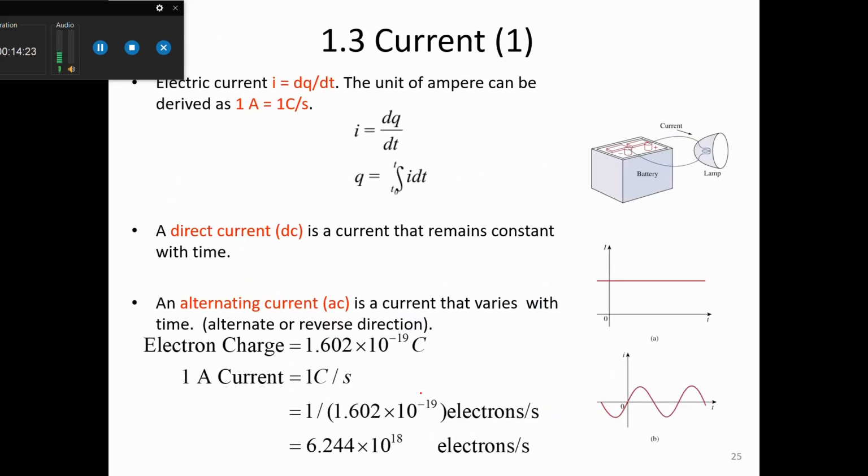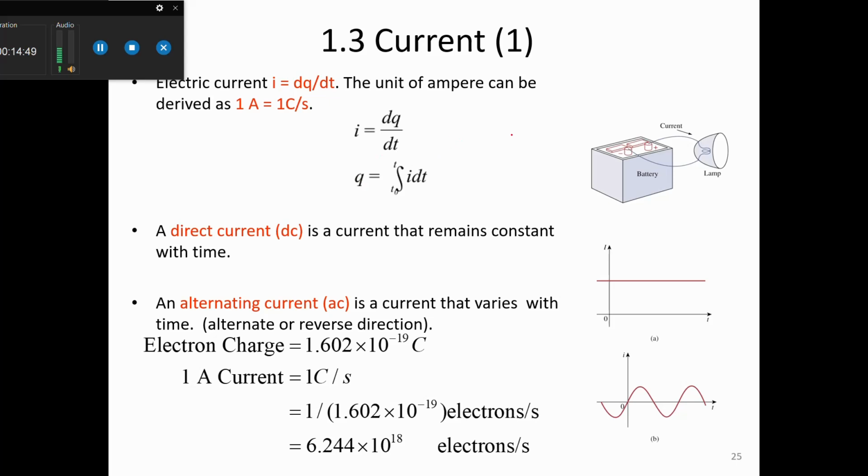So if you want to quantify electric current, this is basically dq by dt, and the unit is amperes, where 1 ampere is 1 coulomb divided by 1 second. dq divided by dt is represented by I, and I is the current that a load requires to run properly.